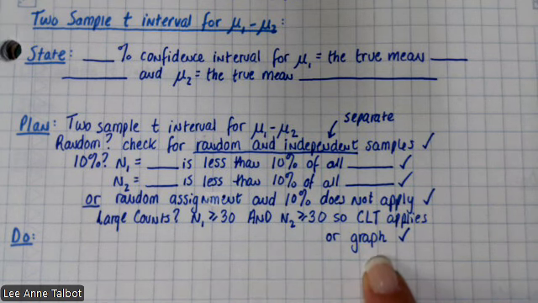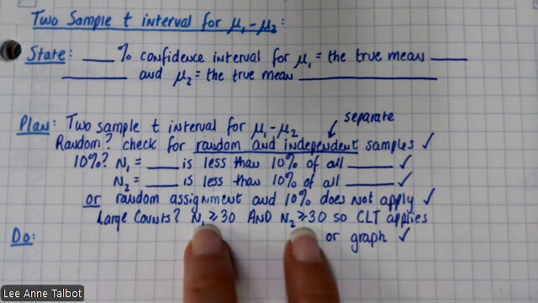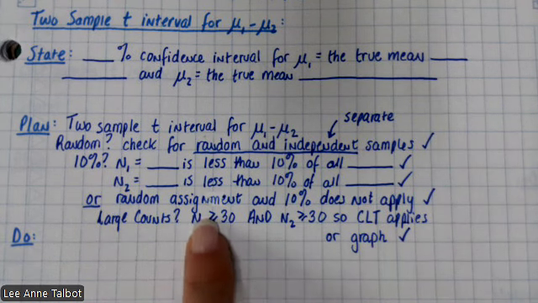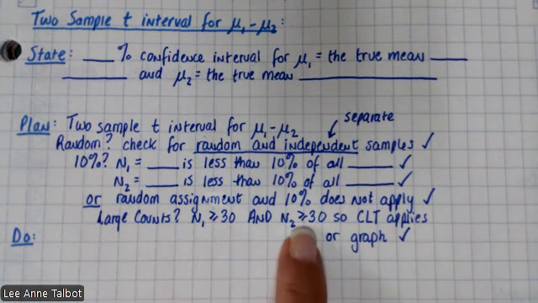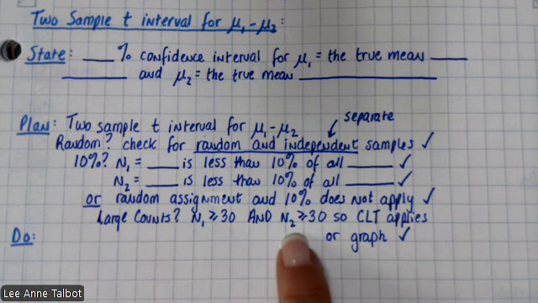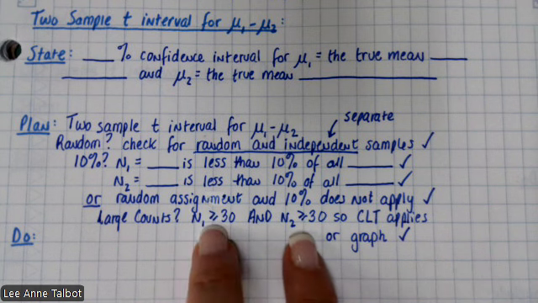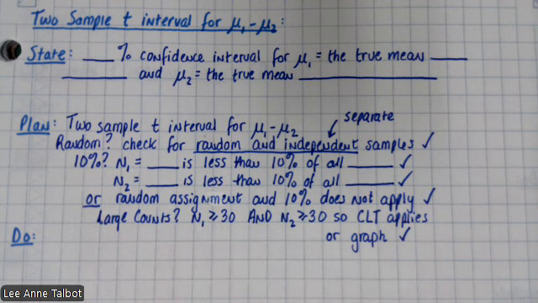You only have to do the graph for the one that violates the condition. So let's say this one's 31 and this one's 29. You'd only have to do the graph for the one that was 29. You don't have to do it for both, just whichever one violates the condition. And we're going to actually practice this today.